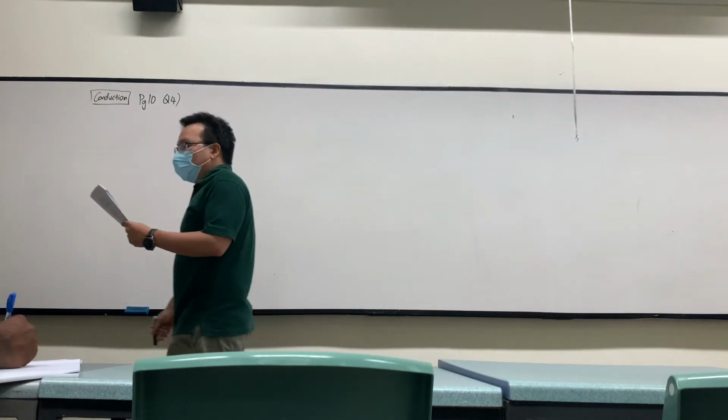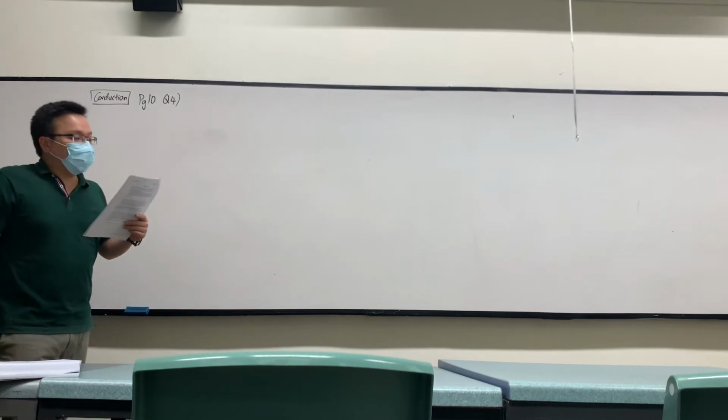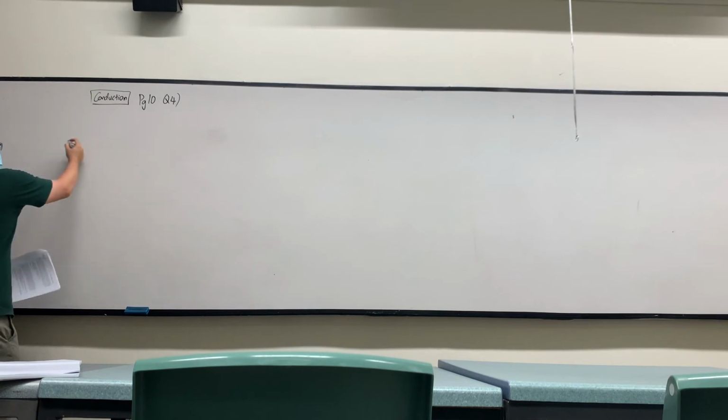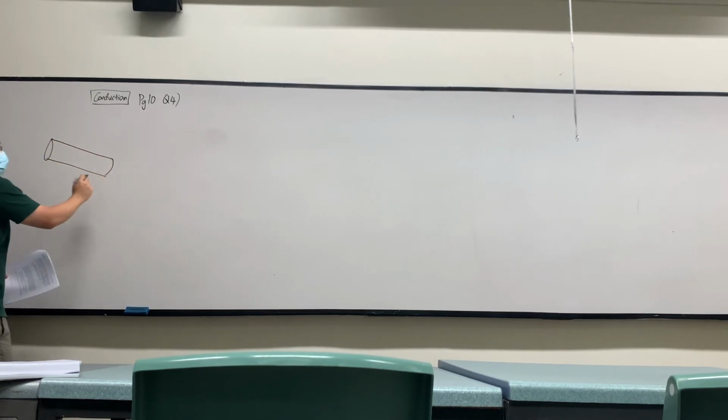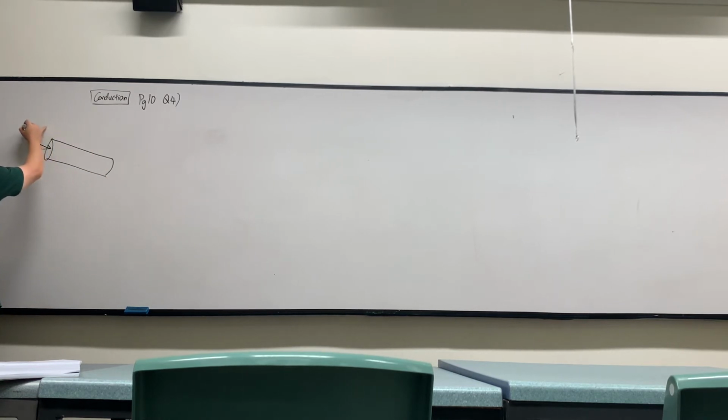So steam at 2 meganewton per meter square, otherwise known as 20 bar, flows through a pipe 20 meters long. So look here, there's actually a pipe. This is not the final diagram, just an understanding diagram. There's a pipe with steam going through, at 20 bar.